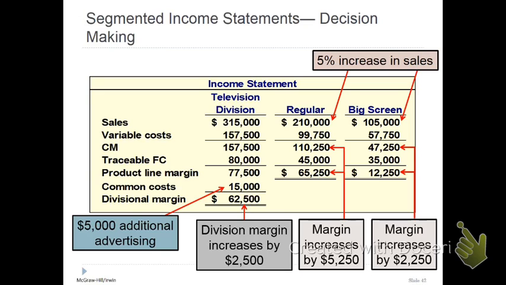And notice what they did here. They increased their advertising by 5 grand, which gave them a 5% increase in sales. That increased margin a bit for each of the divisions, and overall it increased the division margin by $2,500.